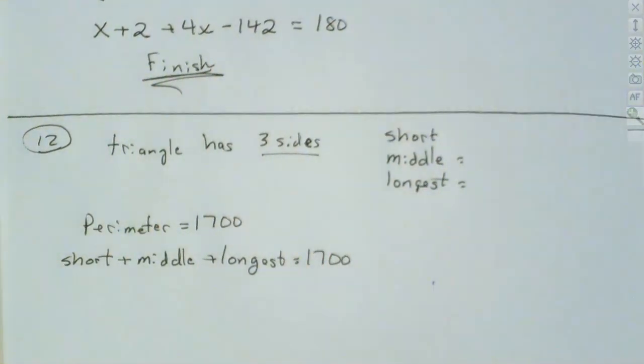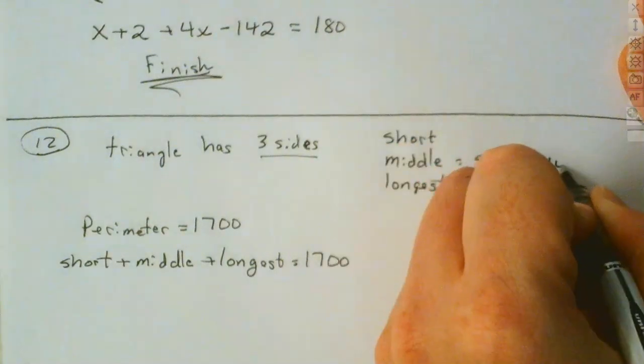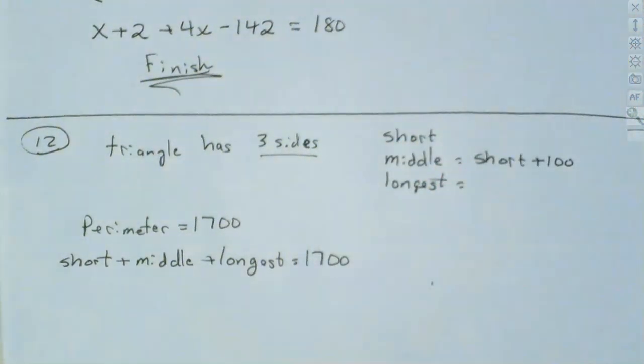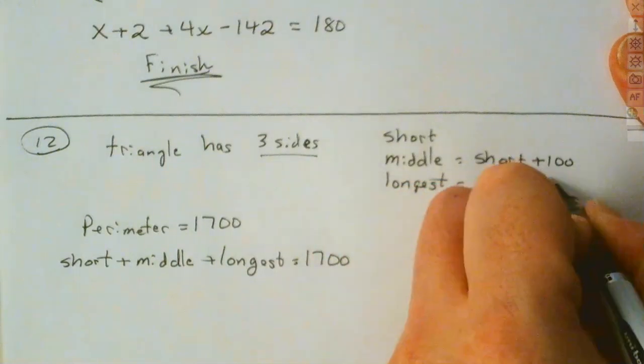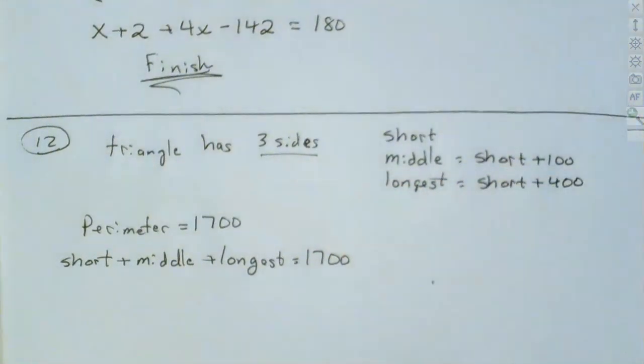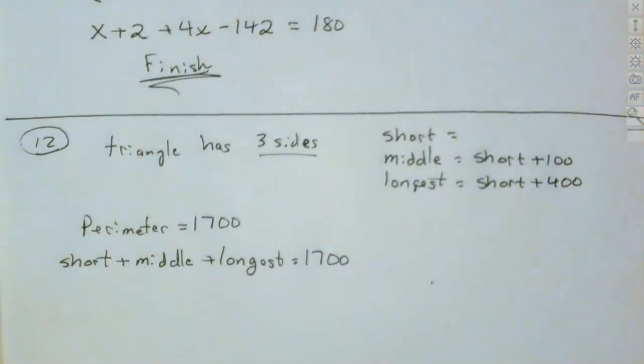So the middle one is going to be the short side plus 100. And the third one is going to be the short side plus 400. Which one do we not know anything about? Okay, and the one we know nothing about, that gets the variable x. Is everyone okay with how I did that?